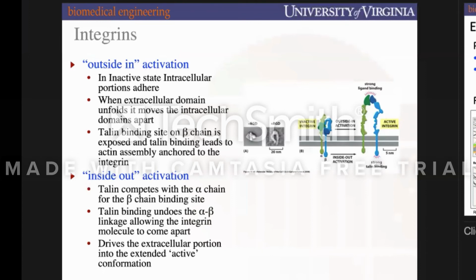So the important takeaways that I want you to note here is that integrins have a lot of diversity. There are 24 different combinations of their alpha units and beta subunits. They bind to the local ECM, and they participate in inside out and outside in activation.